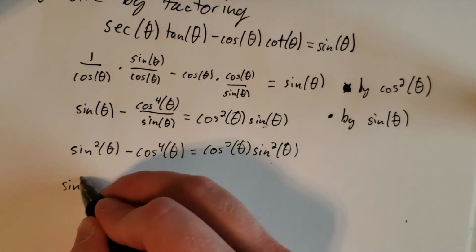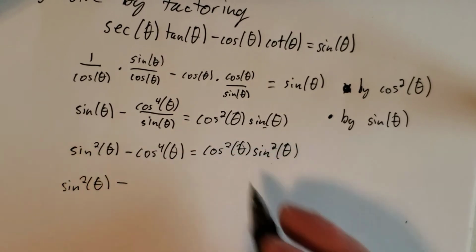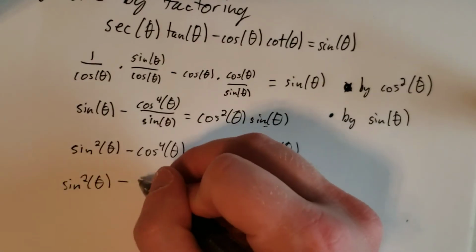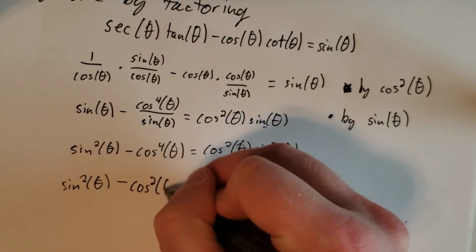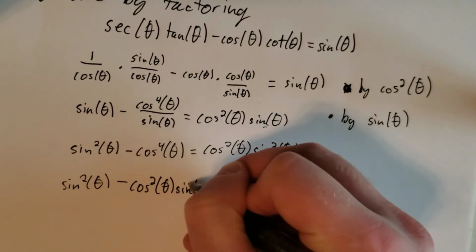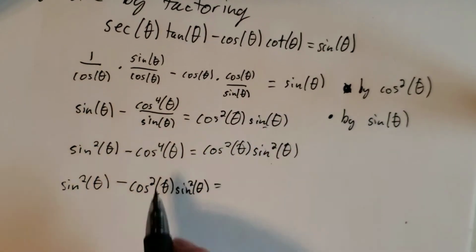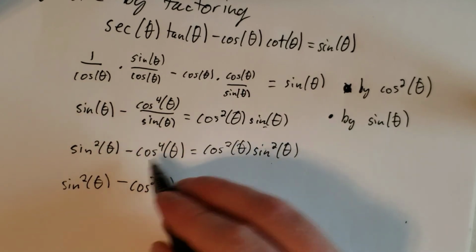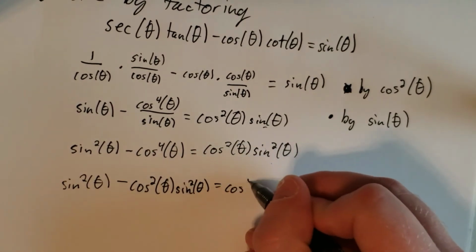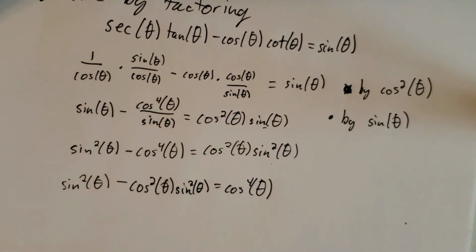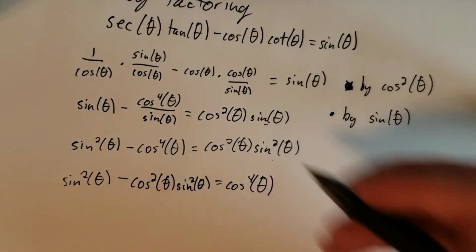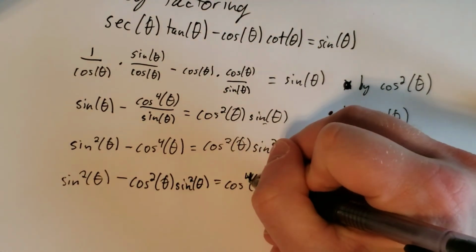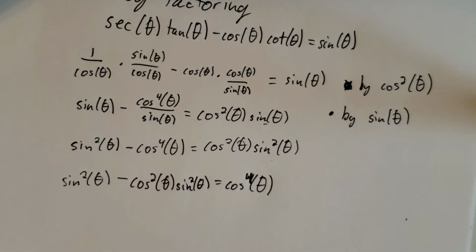So we get sine squared of theta minus cosine squared of theta, sine squared of theta, and we add cosine to the 4th of theta on both sides. So again, that's cosine to the 4th of theta over on the right.